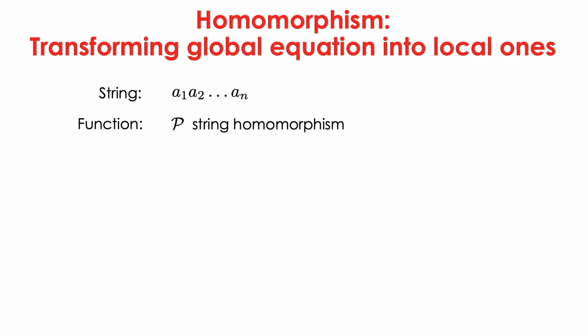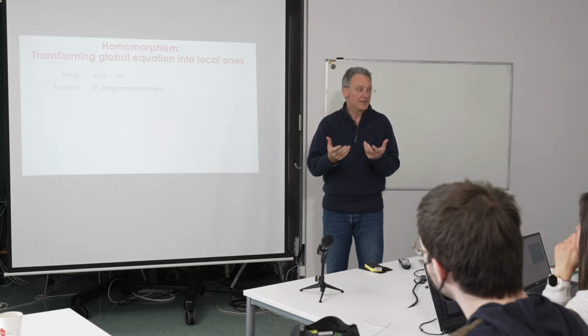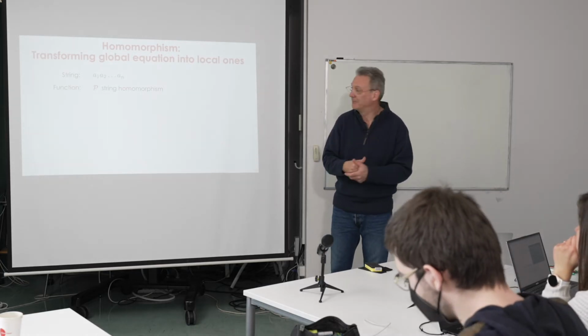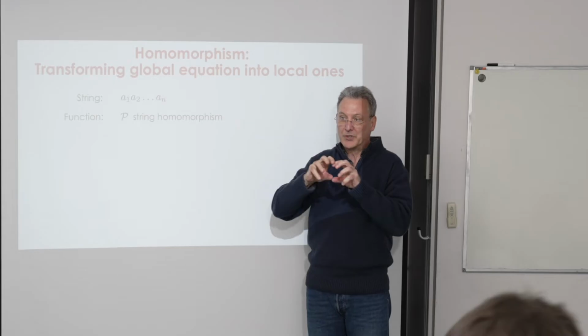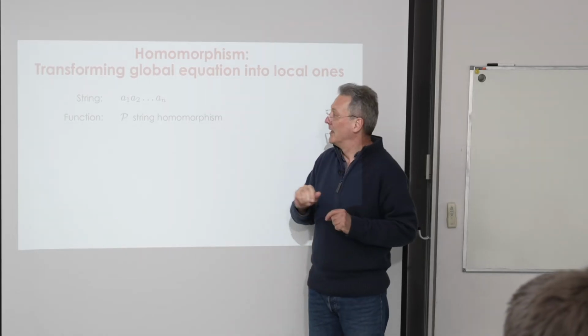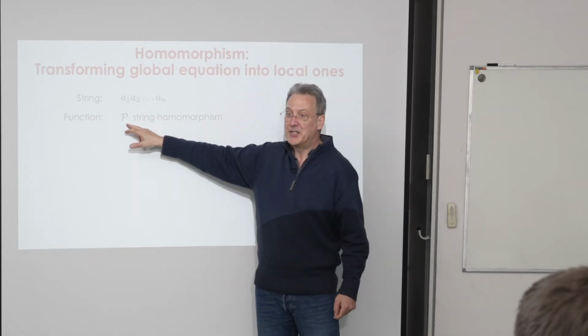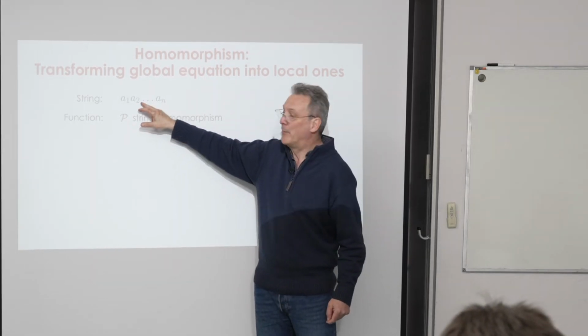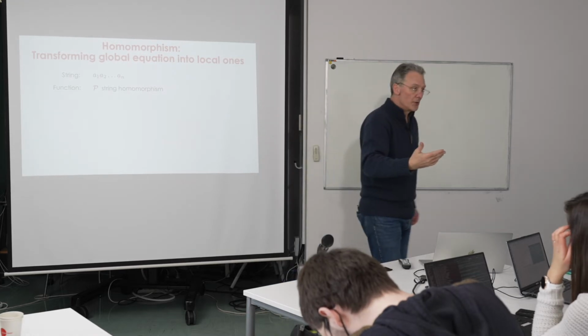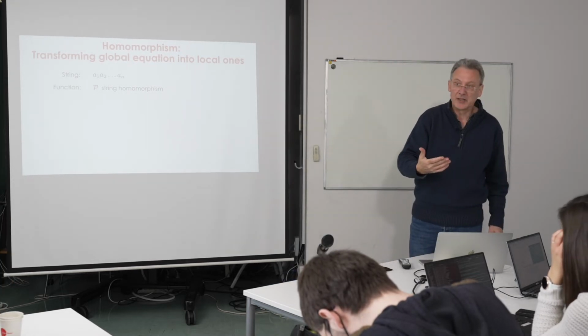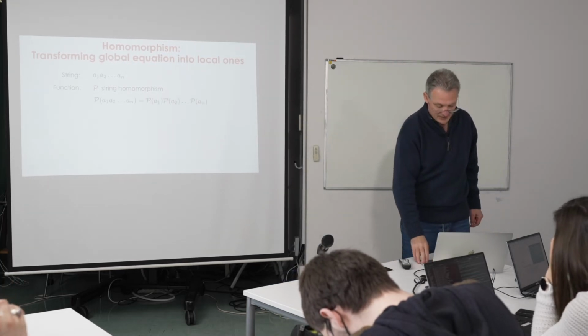Now, how can I formalize this? Because this was a bit like with the hands. If I want to formalize this in mathematical terms, I start with a string, which is my state, and then I imagine that I have a function that I will apply to my string. This is the idea, to try to compute the evolution of my string at the next step.